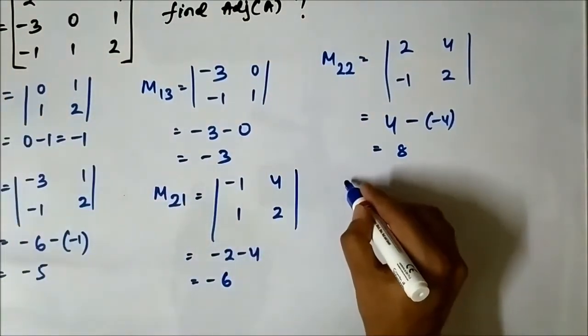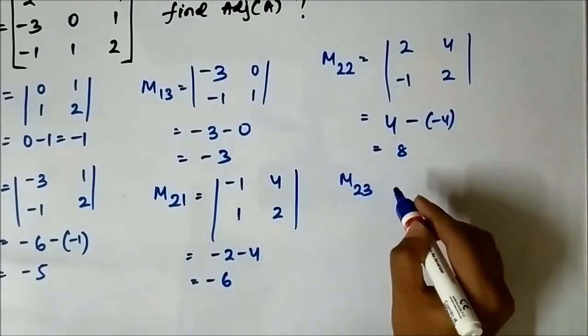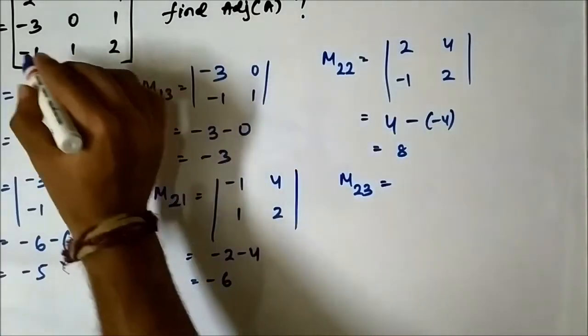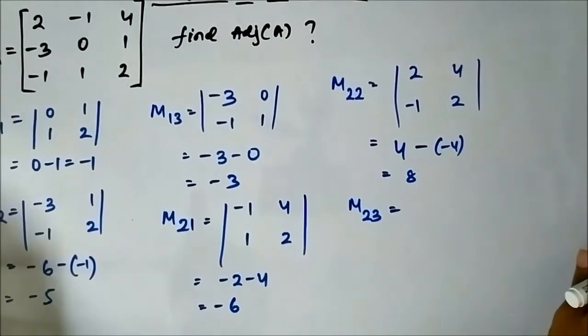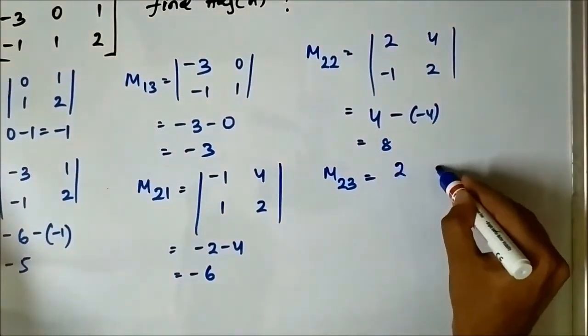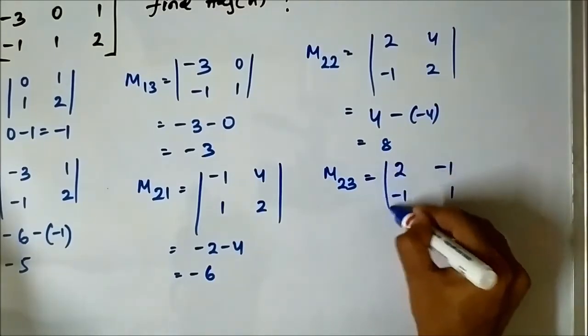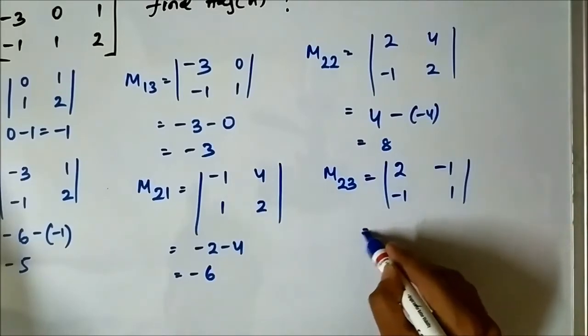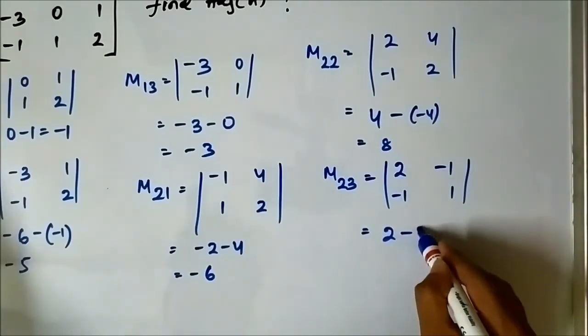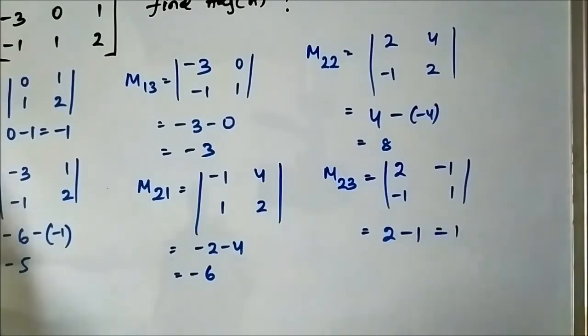Similarly, M23, second row and third column, so the determinant is 2, minus 1, minus 1, 1, which is equal to 2 minus 1, which is equal to 1.